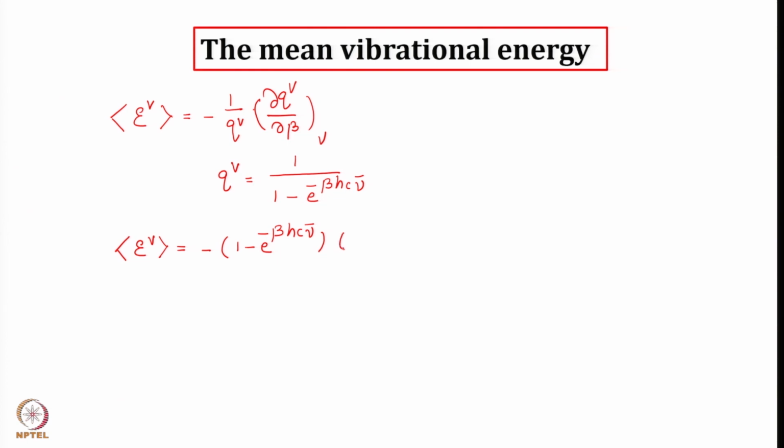The derivative of this is going to be minus 1 divided by 1 minus exponential minus beta hc nu bar square into minus exponential minus beta hc nu bar into minus hc nu bar. We are taking a derivative with respect to beta.